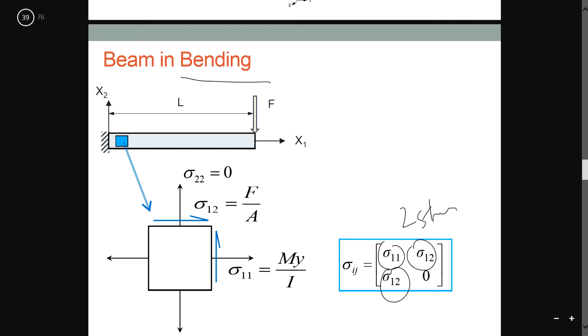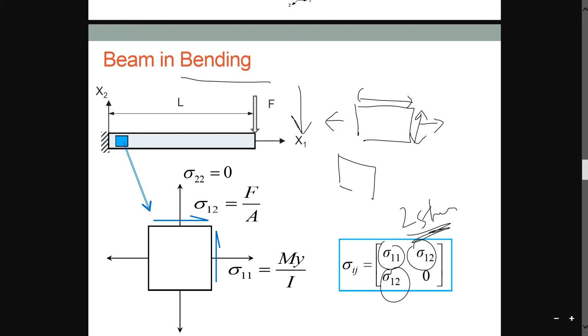So instead of 3 stresses, we have 2 stresses. But because this force is acting downwards, you only cause stretching and also shearing. That's all. You're going to shear in this manner only, while shearing, you're going to somewhat stretch this thing over here. So the forces will create this phenomenon.